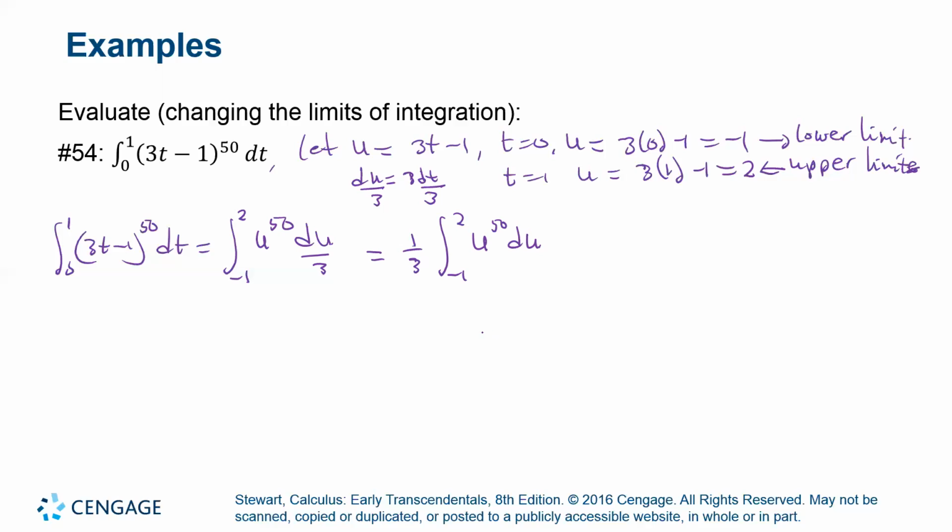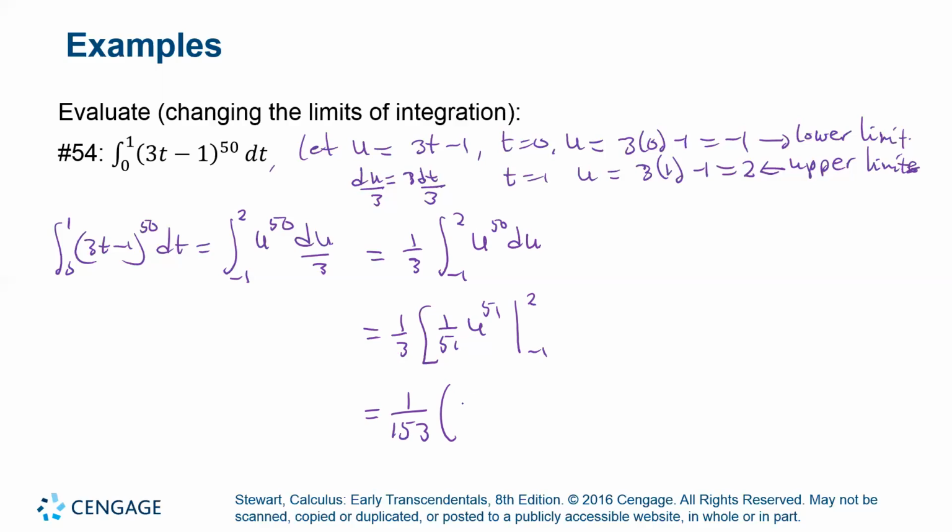So then this is equal to 1 over 3 times 1 over 51 u raised to 51, and then we evaluate it at 2 and then minus 1. So that's 1 over 153, which is the same thing, because 3 times 51 is 153.